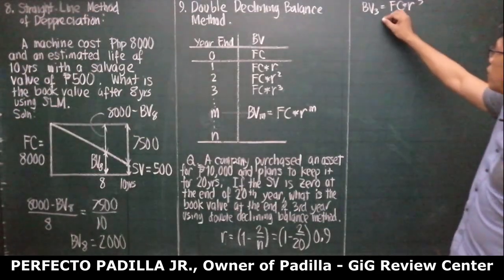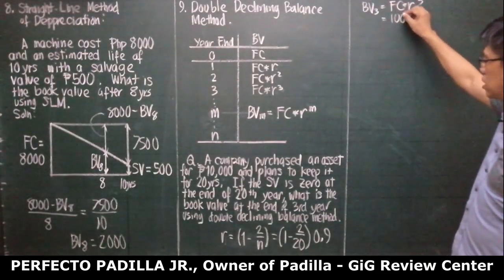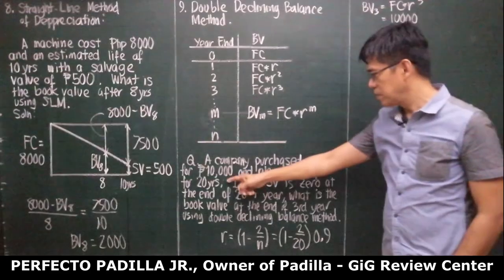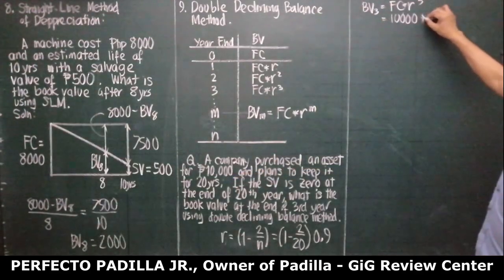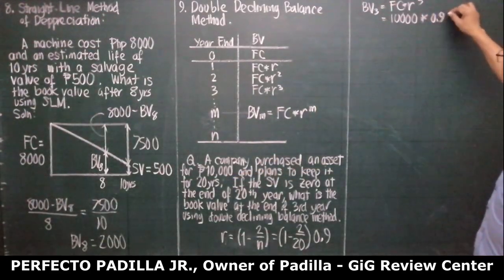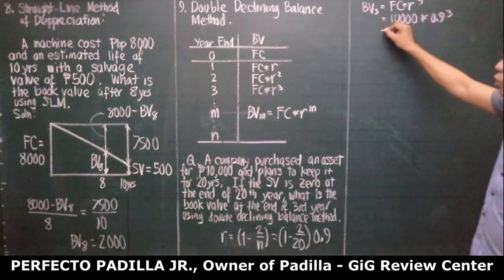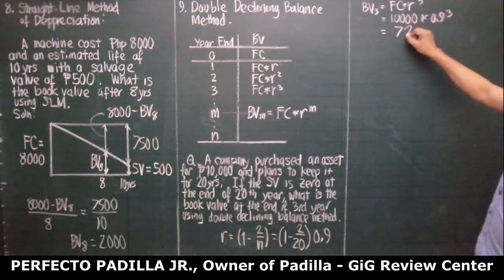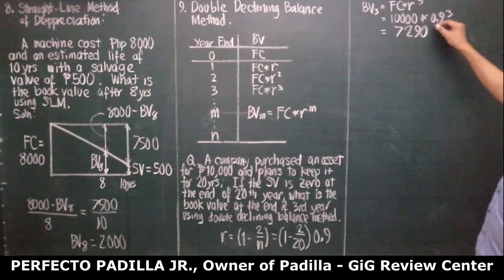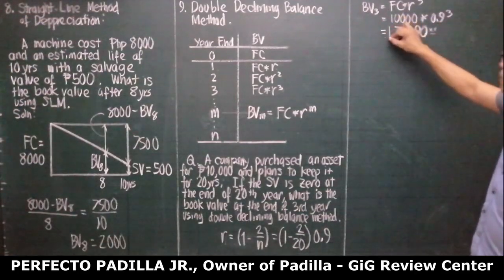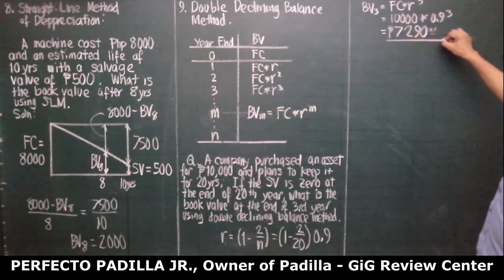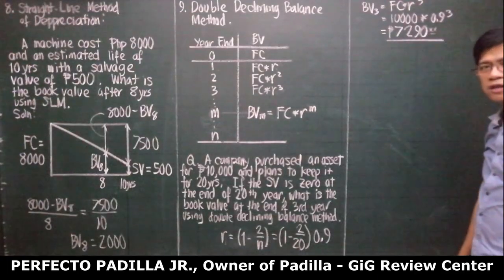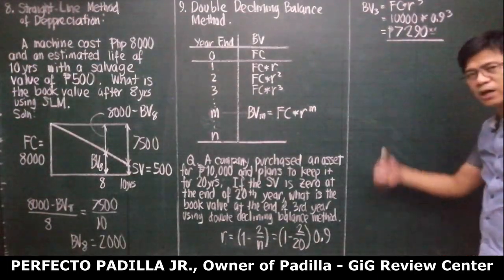The first cost, of course, is 10,000 as given in the problem, multiplied by 0.9 to the 3. You compute this and you'll get 7,290 pesos. Okay? So, this is the book value at the end of third year. You follow? Okay, you may copy.